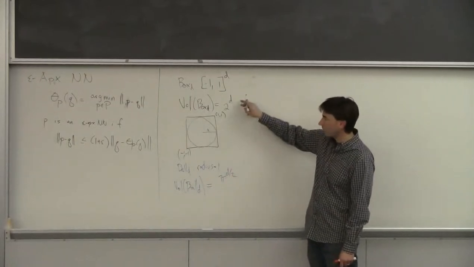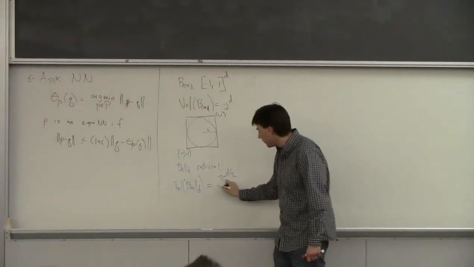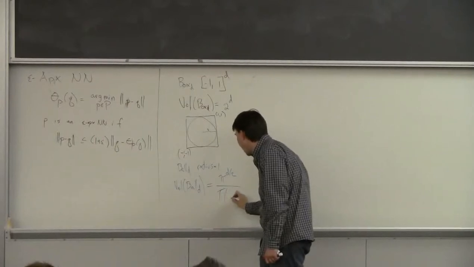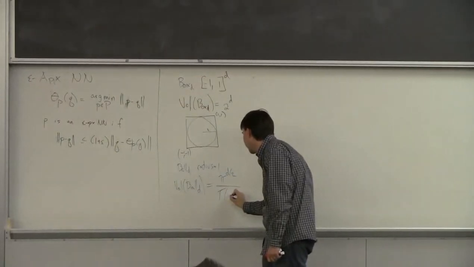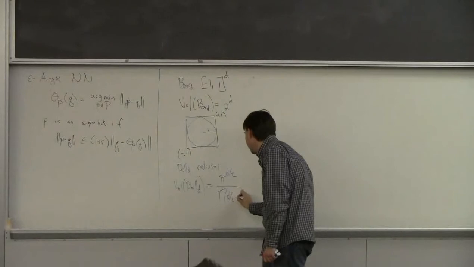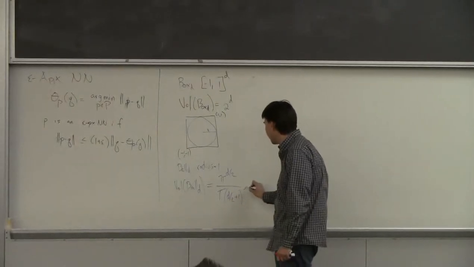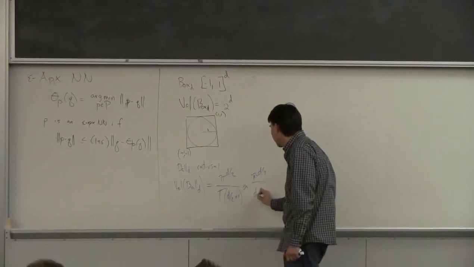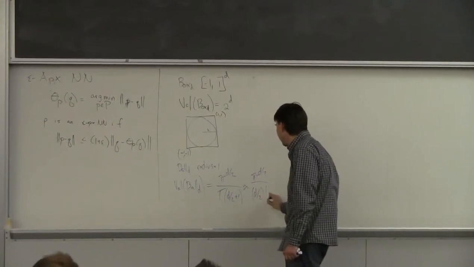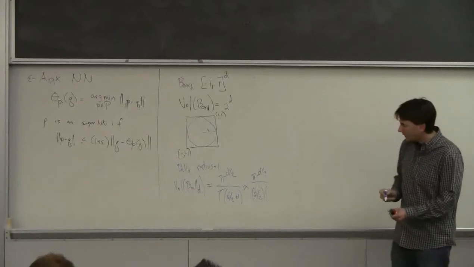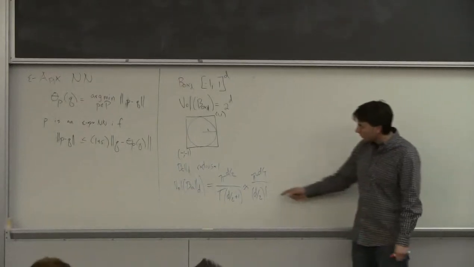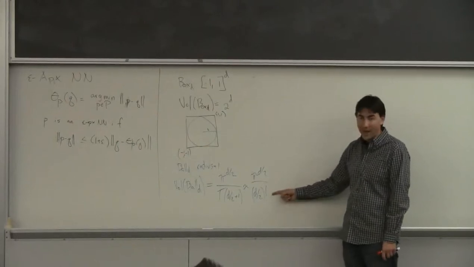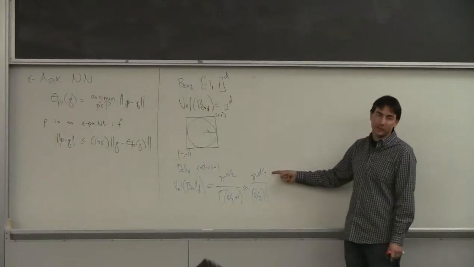So we're growing exponentially here, but dividing by what's called the gamma function, which is d over 2 plus 1. This is basically d over 2 factorial. This d over 2 factorial actually grows really fast, faster than pi to the d over 2.